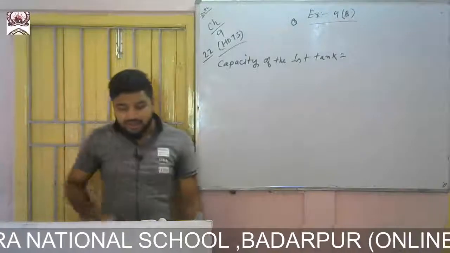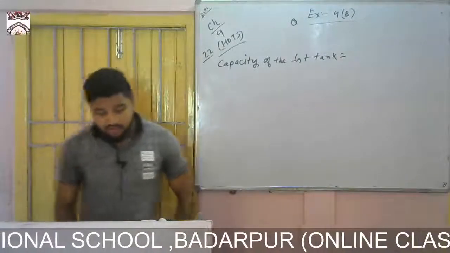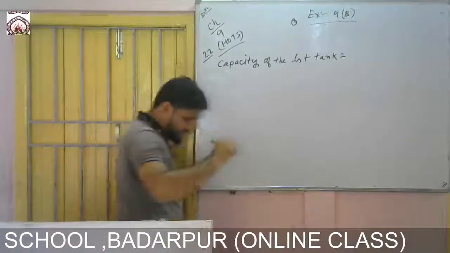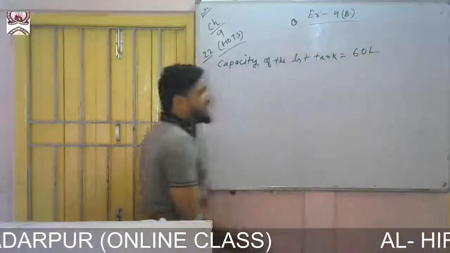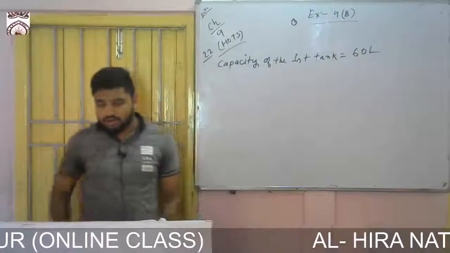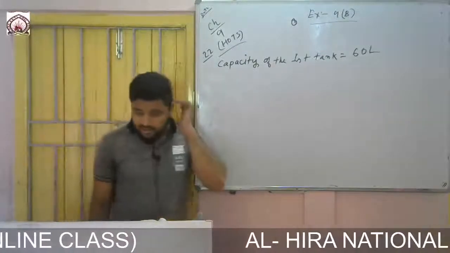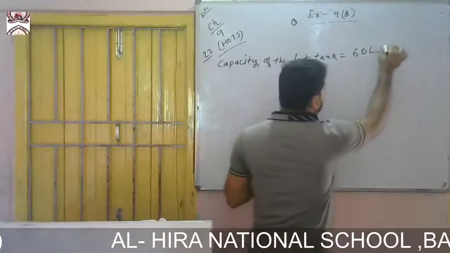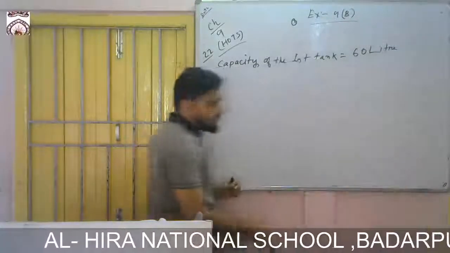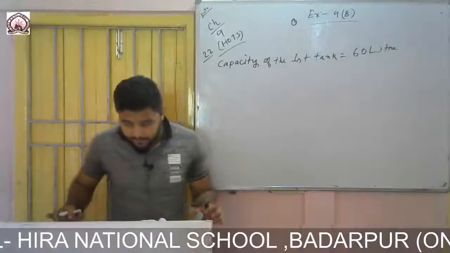The capacity of the first tank is given as 60 liter. 60 L means 60 liter. So you write 60 liter.